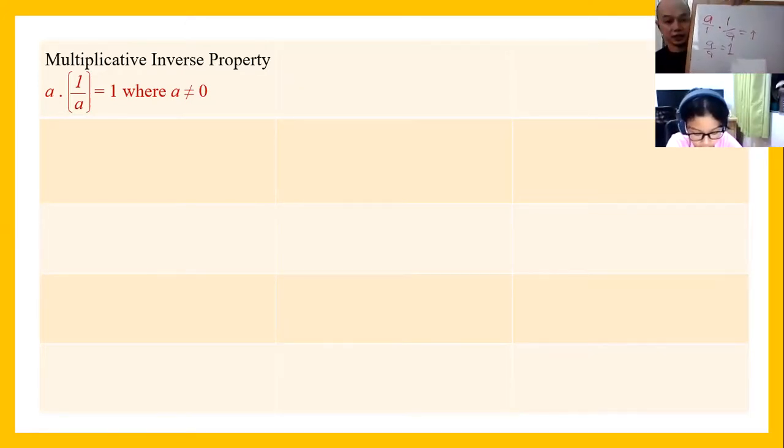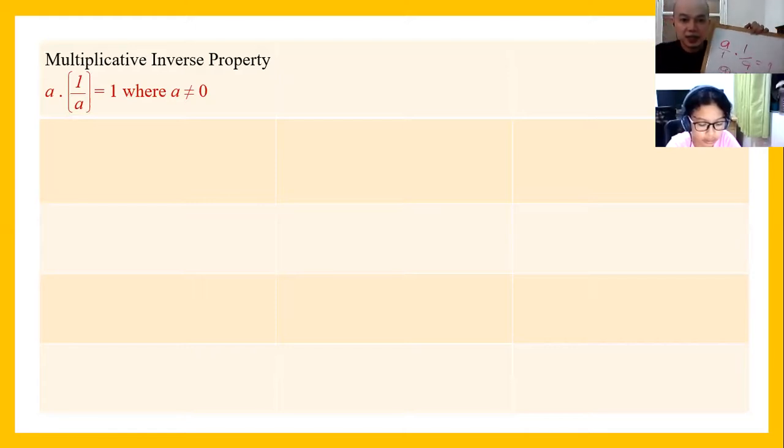Something like that. But the A here should not be equal to 0. You know why? Because if A is equal to 0, then it will be 0 over 0, and 0 over 0 is not 1. Okay, Kristel, you get it?